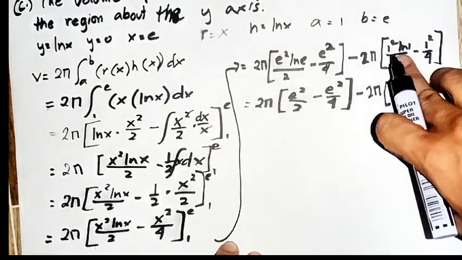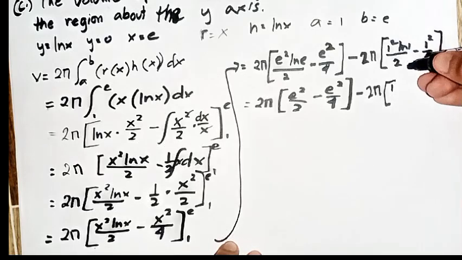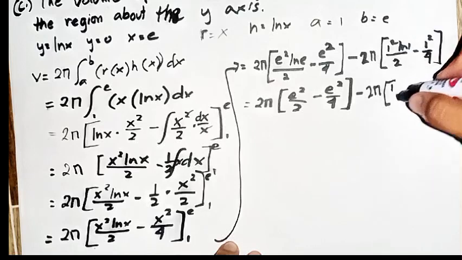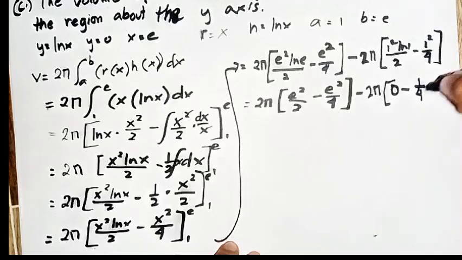Now ln 1 is 0, right? And 1 times 0 is 0, and 0 over 2 is 0. So it will become 0 minus 1 squared is 1, so 1/4. Still 1/4.